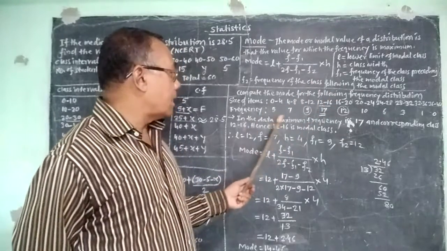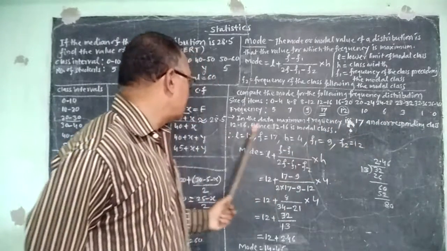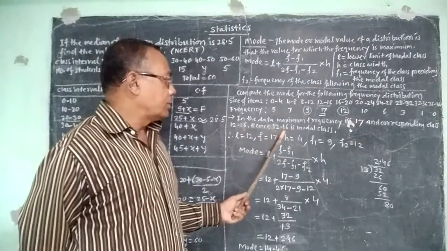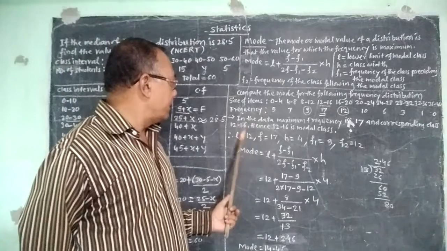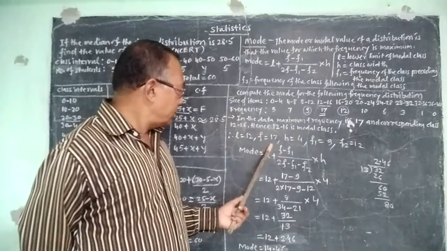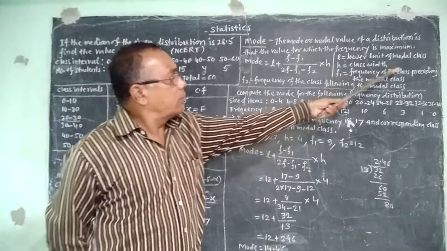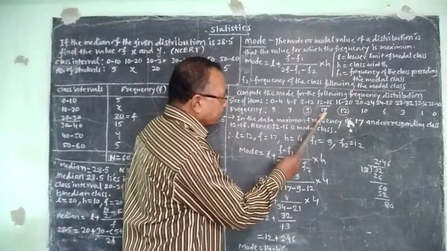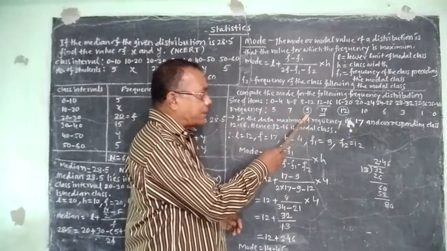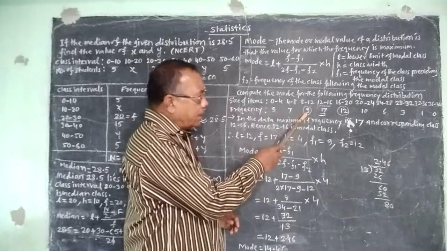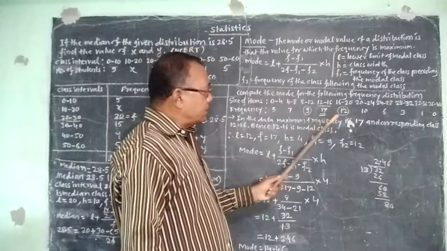Hence L is equal to 12, the lower limit is 12, the frequency of the modal class is 17, h is 4, and f1, the frequency of the class preceding the modal class, is 9, because the preceding class is 8 to 12 and its frequency is 9. And f2, the frequency of the class following the modal class, is 12.